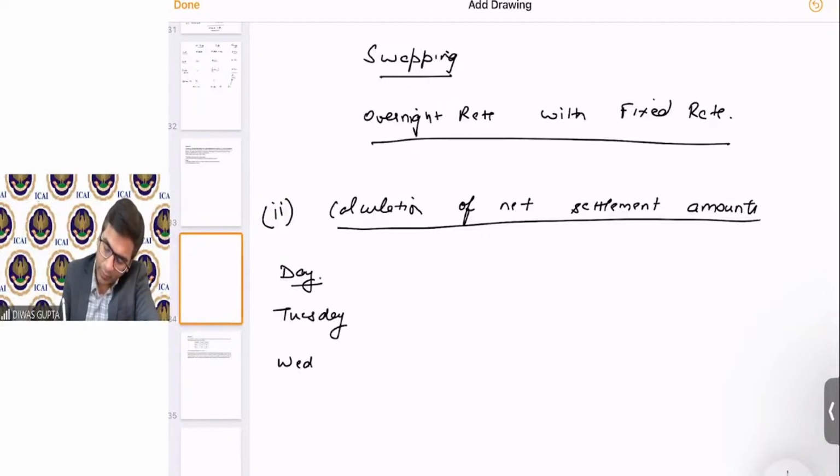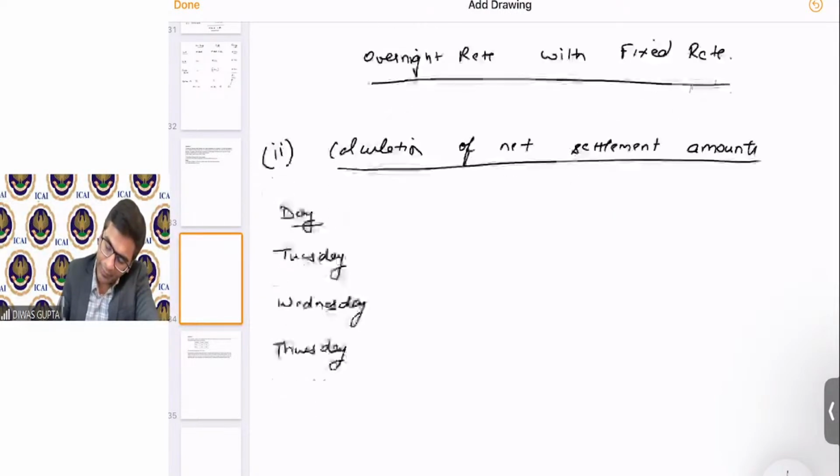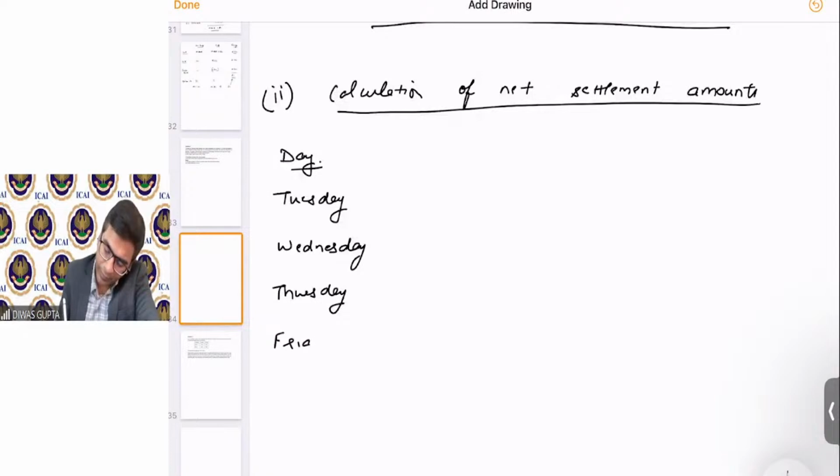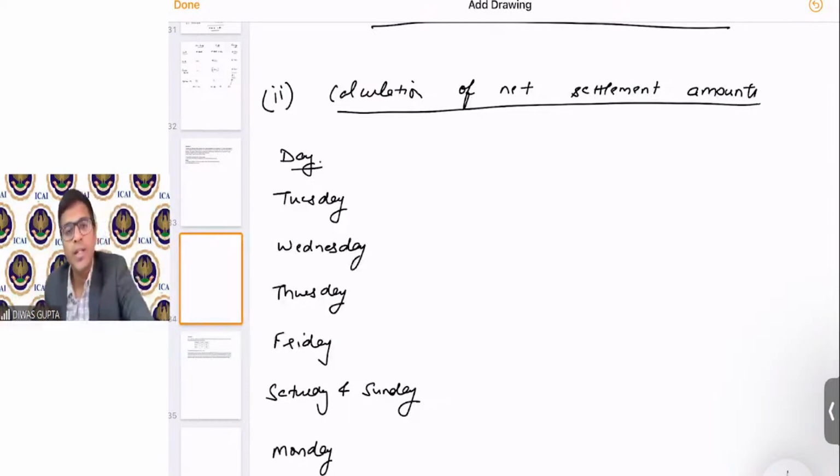Then we will go to Wednesday, Thursday, Friday. Then Saturday and Sunday will be joint. Then Monday. Why are there 2 days joint? Because Sunday there is a holiday. So whatever happens for Saturday, the same thing will happen for Sunday.